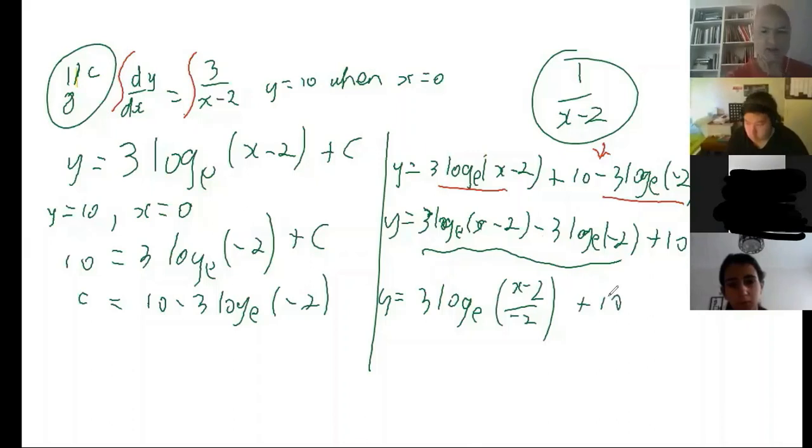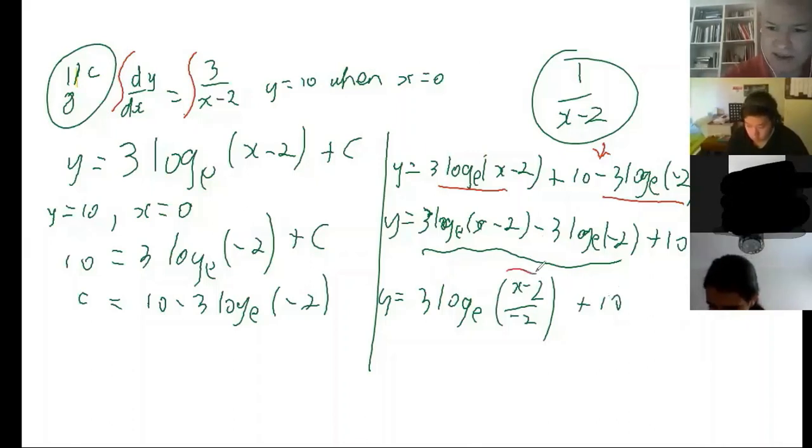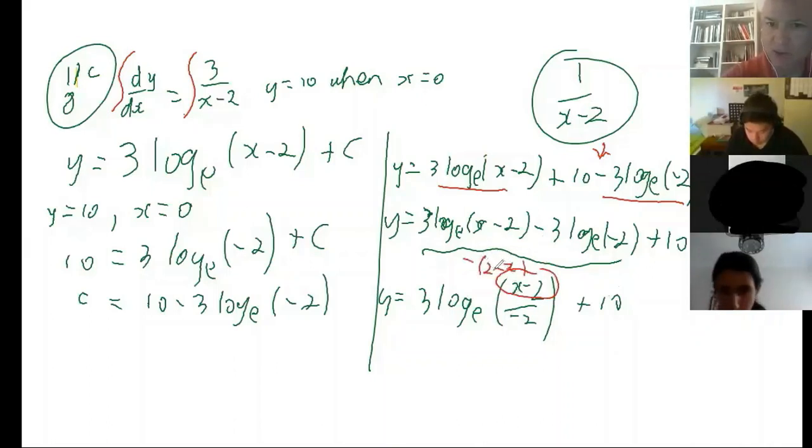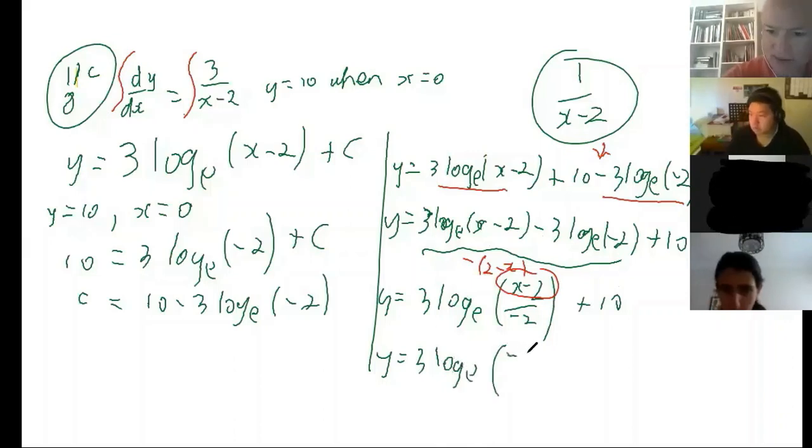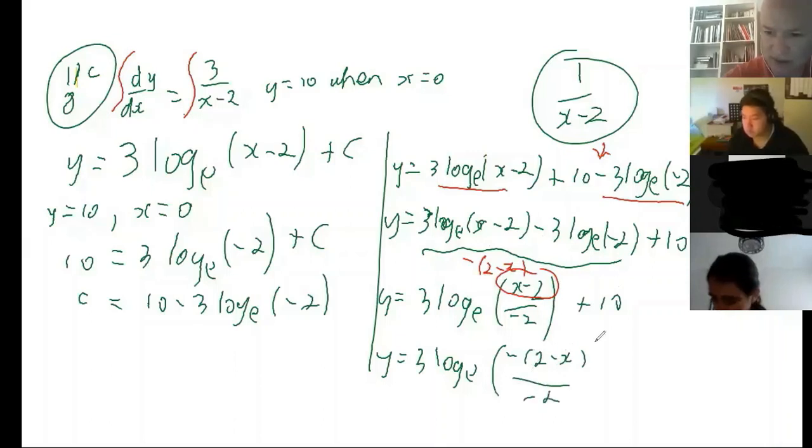I don't like that negative 2 in there. So from the top line, I'm actually going to take out a negative. That means I'll get negative here of 2 minus x. And then the negatives will cancel. So I get y equals 3 log e of negative 2 minus x divided by negative 2, plus the 10.